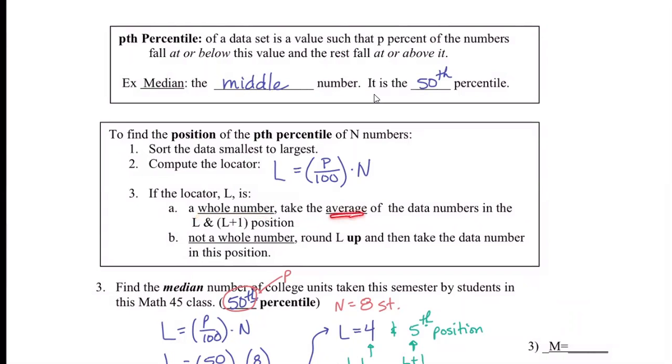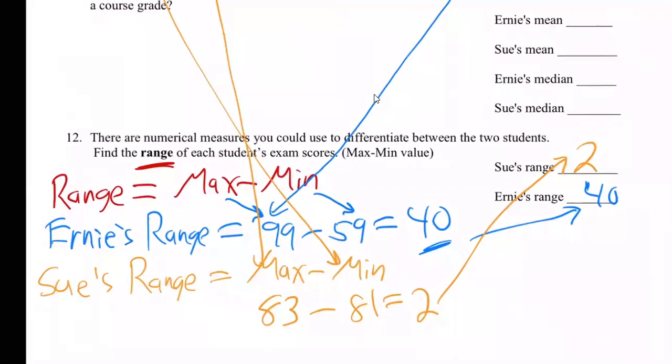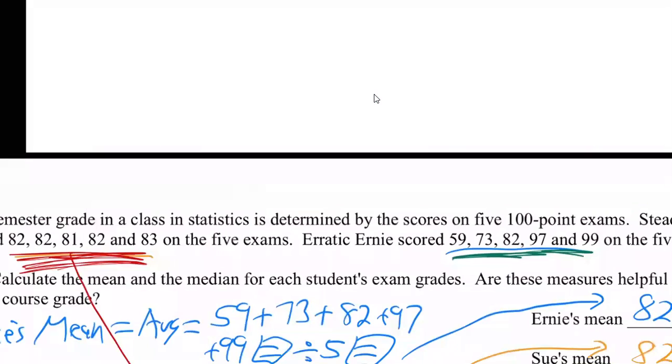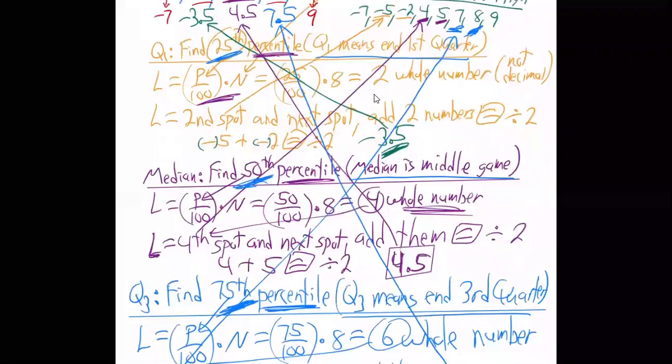So what we would do is take the average of that spot and the next spot. That's what she's saying here, L and L plus 1. But if it's not a whole number, if it's a decimal, you round it up and take the data in that position. So that's different, right? You got to know that. That's super important. Probably half your grade will hang on you knowing how to use that formula well and the two different versions of that formula. Make sure you know that for the exam.